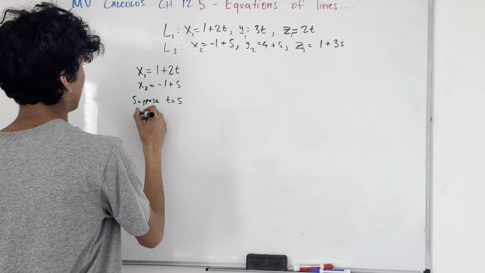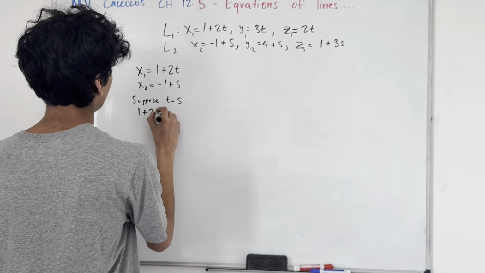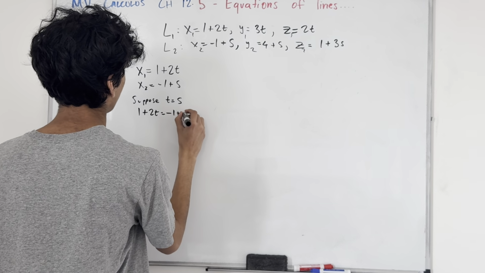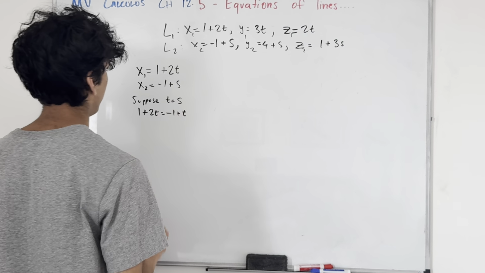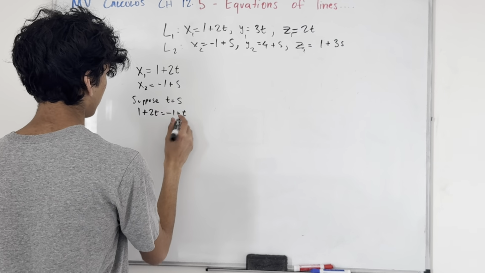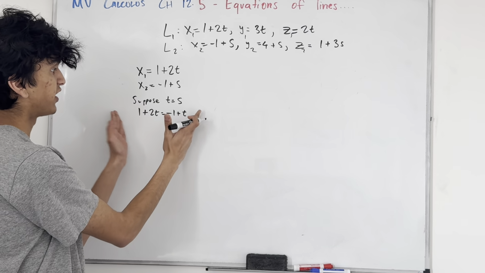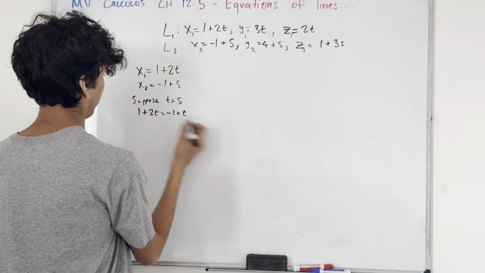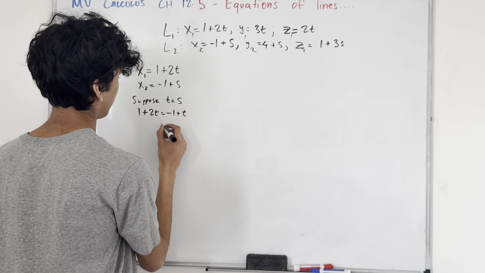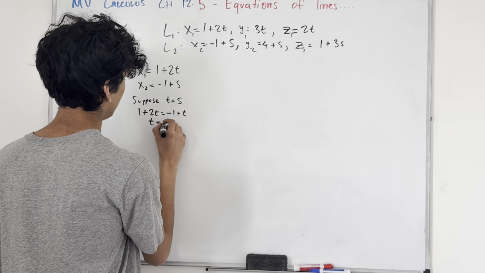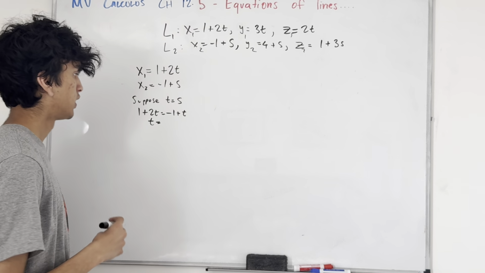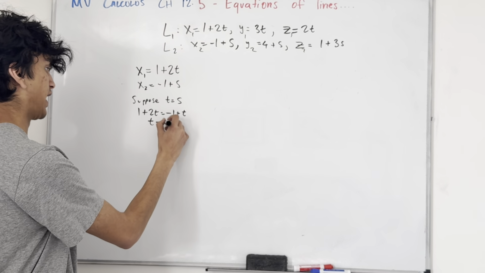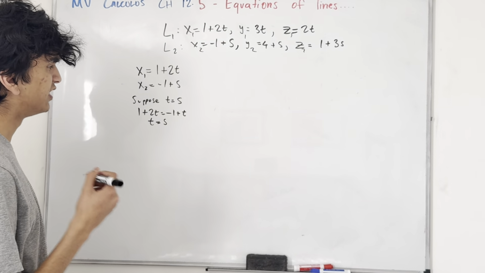Well, that means that 1 plus 2t is going to equal -1 plus t. This is essentially finding a time value where the x's are equal. If I solve for this, I think t equals 1.